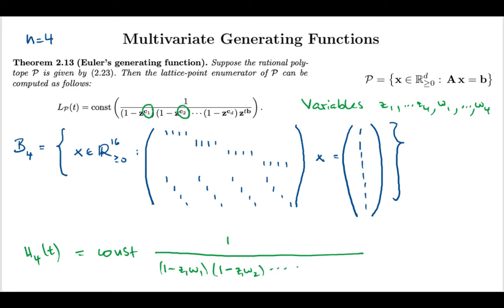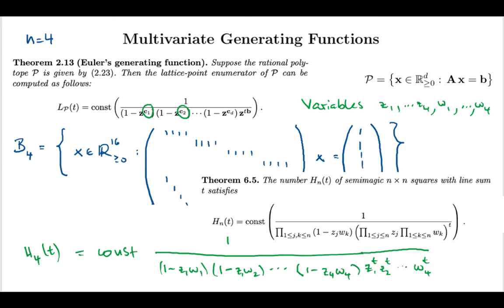So I hope you can see what happens is I get one combination each of the 4 z variables and the 4 w variables. So this is going to be a total of 16 factors. And then I mustn't forget I have in my Theorem 2.13 z to the tb. So this is a z1 to the t, z2 to the t, and so on, all the way down to w4, each variable to the t-th power.